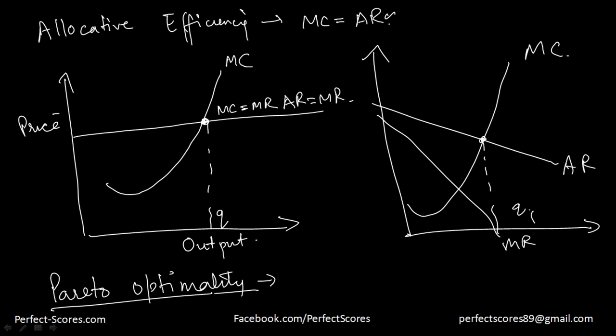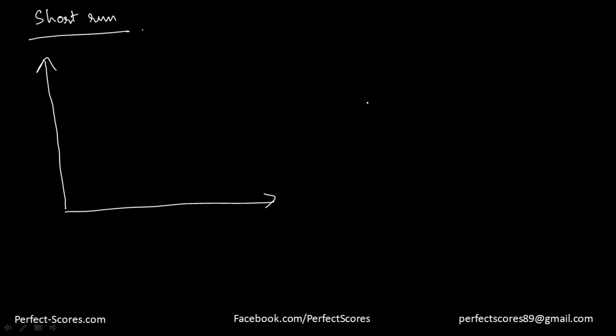Fine. Now, what happens to productive efficiency and allocative efficiency in short run and long run? So let's talk about the short run. Now, if you watched the previous videos, you would know there are two scenarios of short run. First scenario is of abnormal profits, which I'm going to show you here.